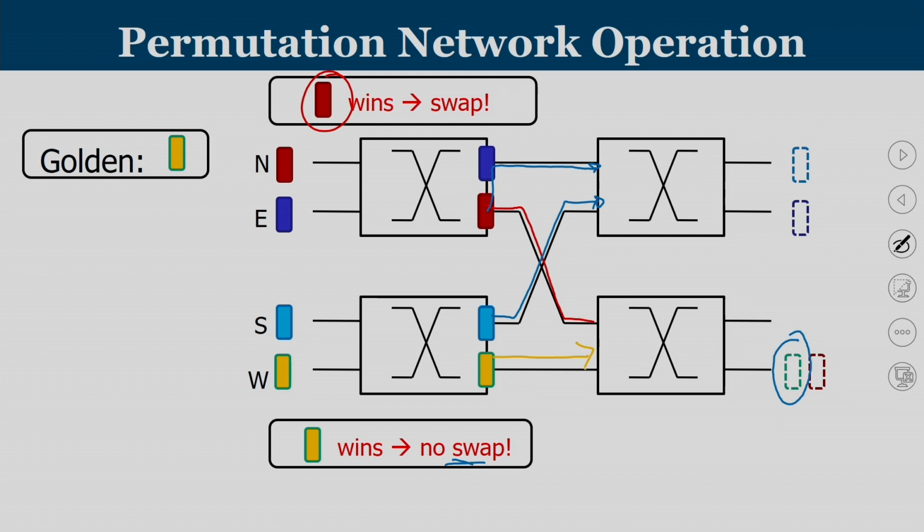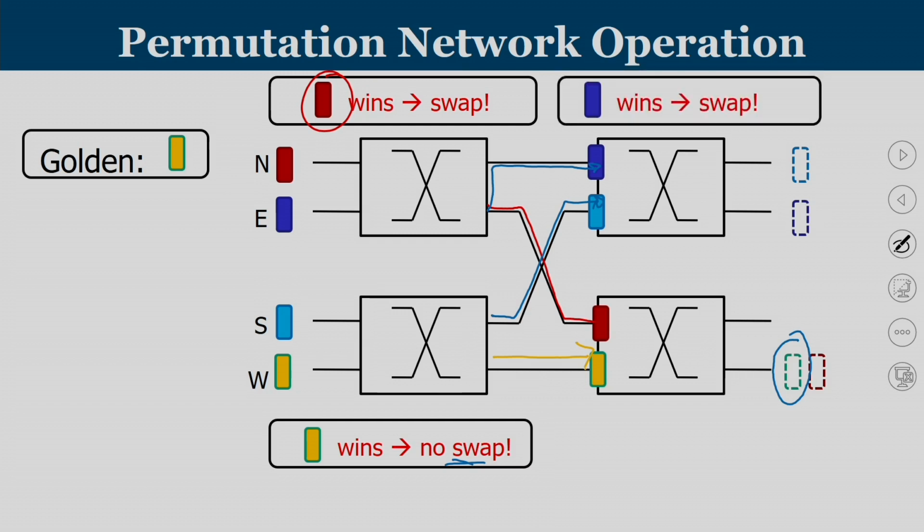Now, after that, the appropriate flit will reach the second stage of the permuter. Now, in the second stage, let us say blue is going to win, because both the input flits are non-golden. We will assume that from among the available ones, this blue is the winner, and blue wanted to come down in this direction. So, once blue is given that direction, automatically the light blue has to go up.